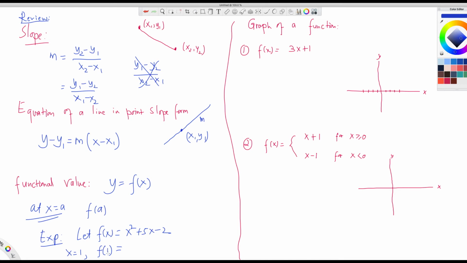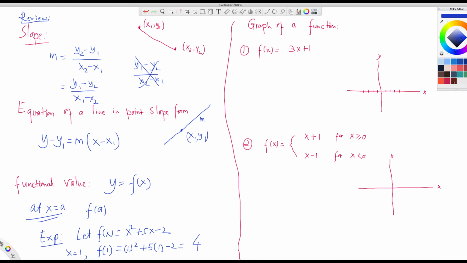So f of 1 is 1 squared, I'm replacing all the x by 1, plus 5 times 1 minus 2. That is 1 squared is 1 plus 5 times 1 is 5. So 1 plus 5 is 6, minus 2 is 4. So the functional value of this function at x equals 1 is 4.